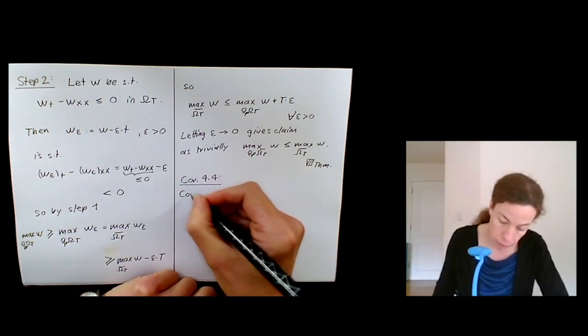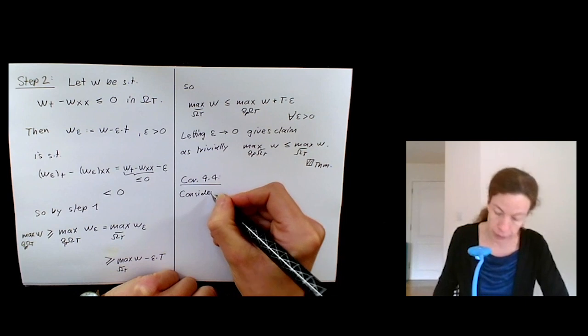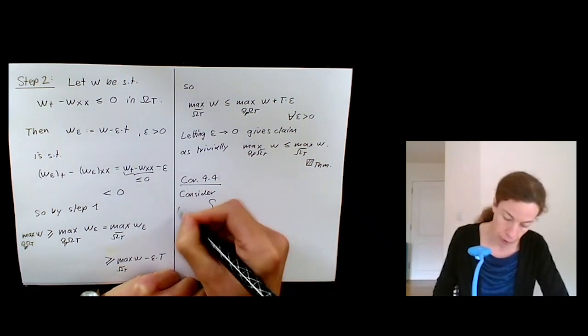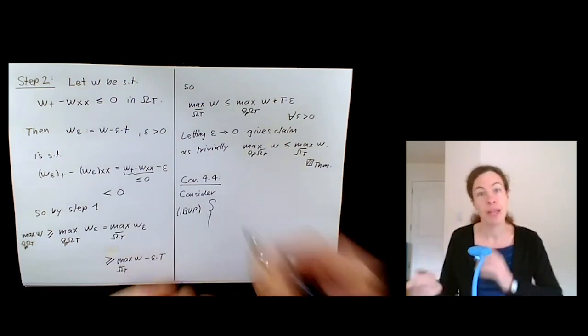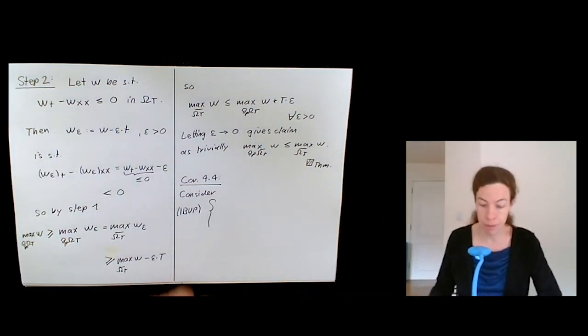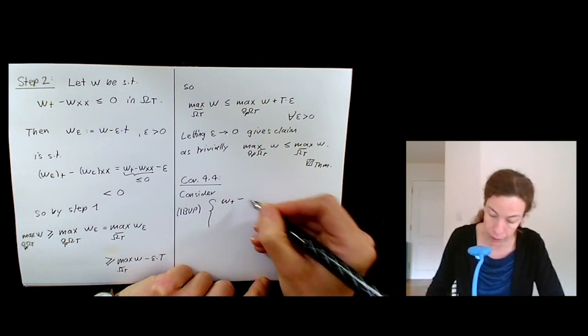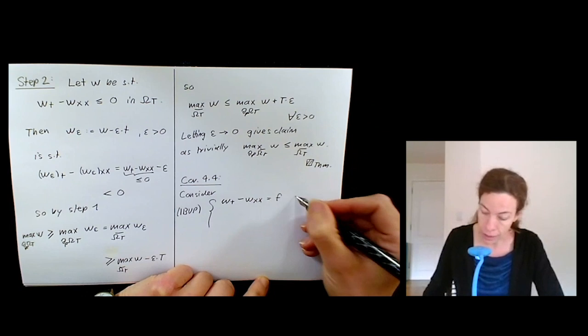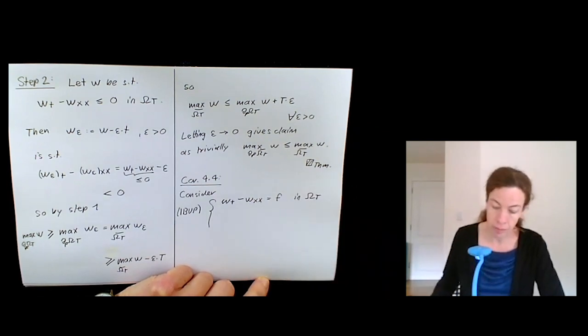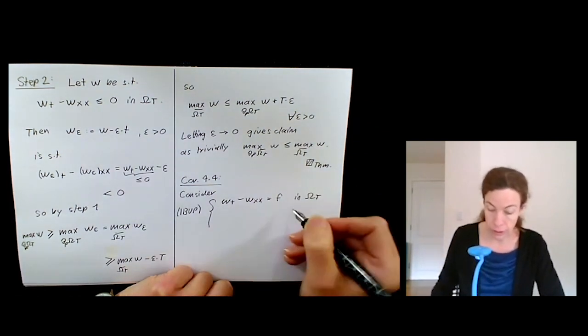So let me consider the following initial and boundary value problem. On the one hand, we look at the heat equation with some kind of right-hand side. So I have W_t minus W_xx given by some function f, and I want to consider this in omega_T. And then I want to consider initial values.